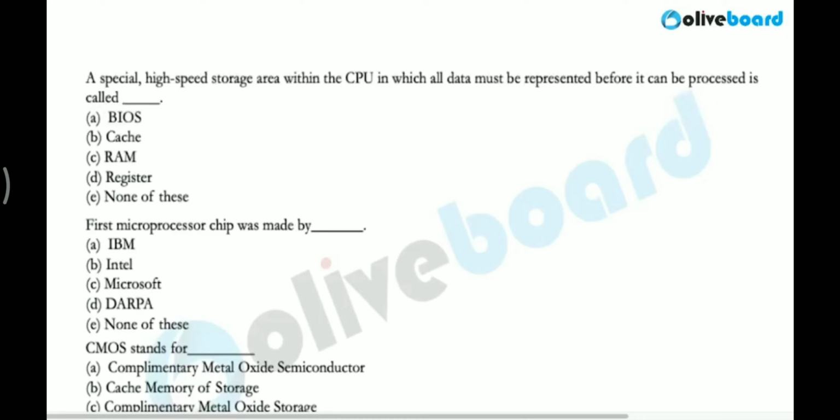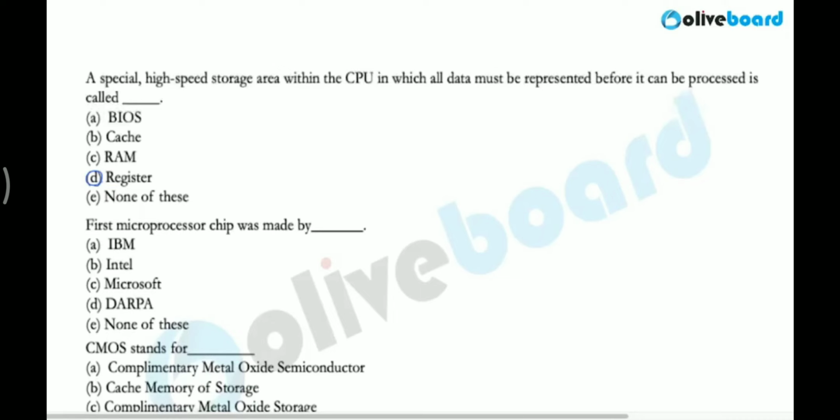The right answer for this question is registers. Registers are the special high speed storage area that holds all the data while in processing. When the data is getting processed, it is stored inside the registers. And please note that registers are the highest speed memory units.